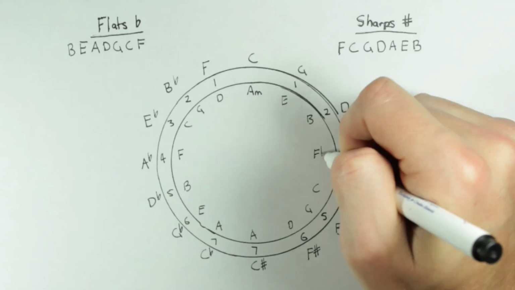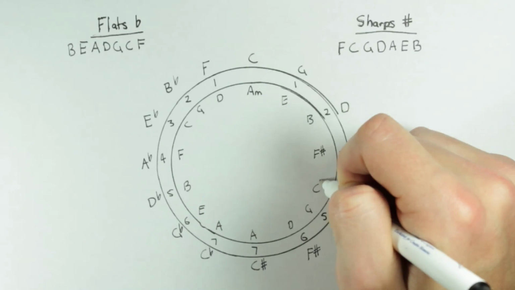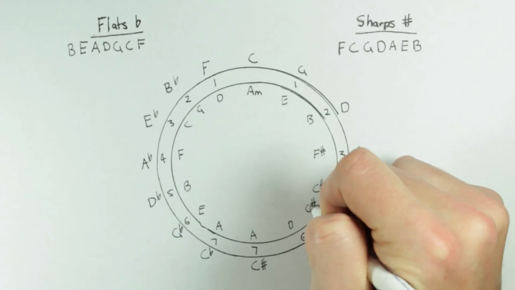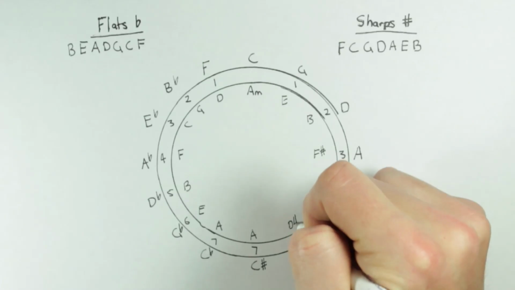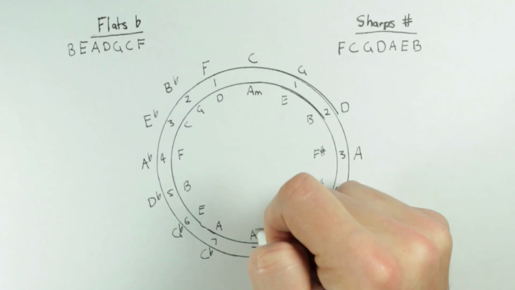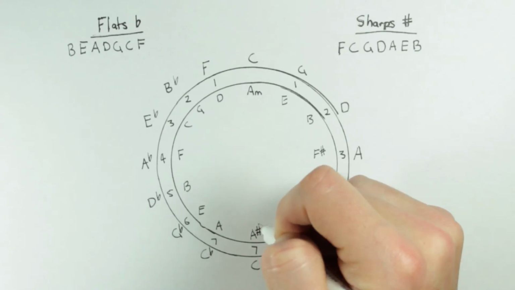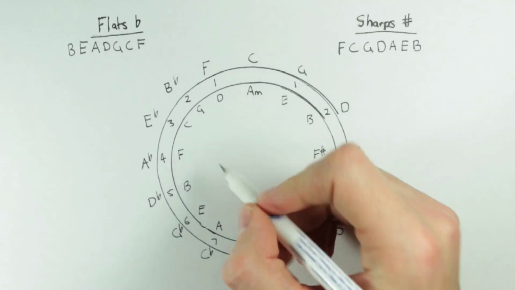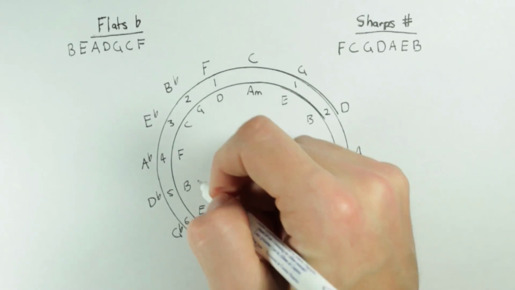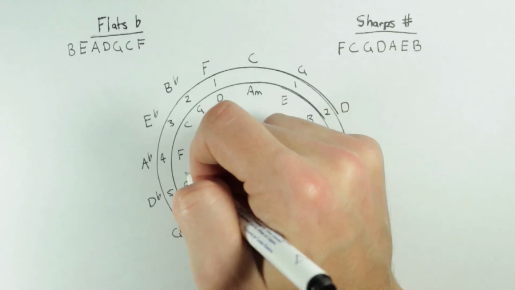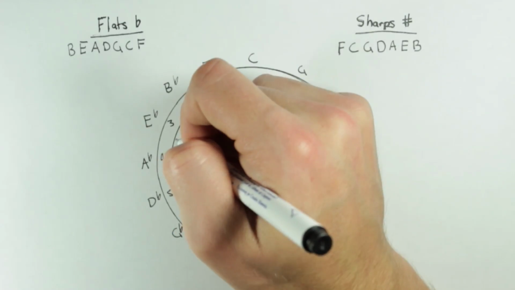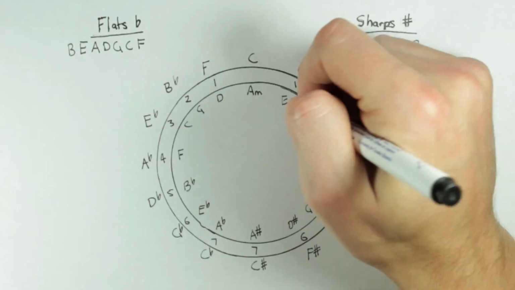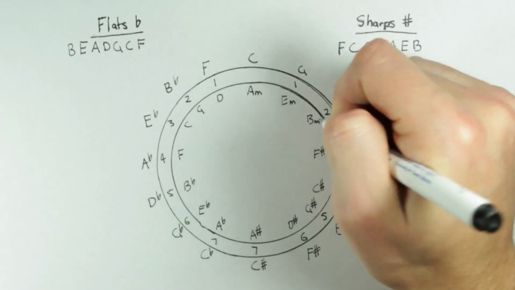So there's F sharp, C sharp, G sharp, D sharp, A sharp. Now it changes to the flats because it's on this half. A flat, E flat, B flat, and that's the end of those flats. So remember that all of these are minors. You can do the little m to remind yourself.